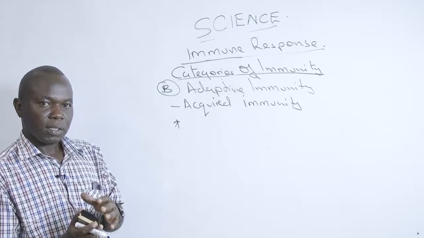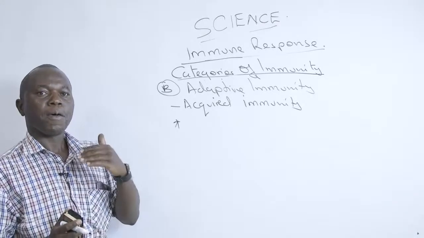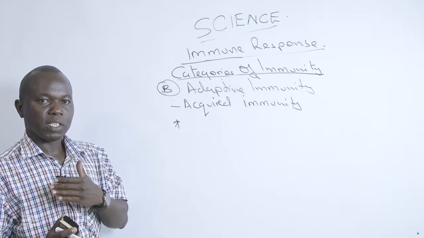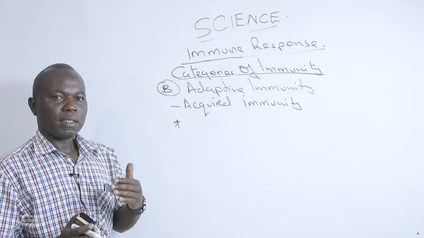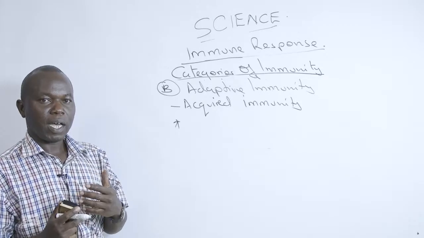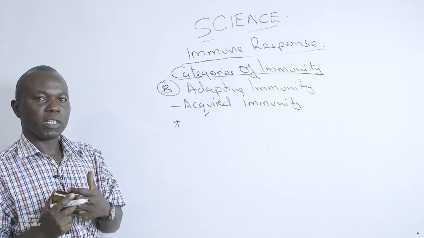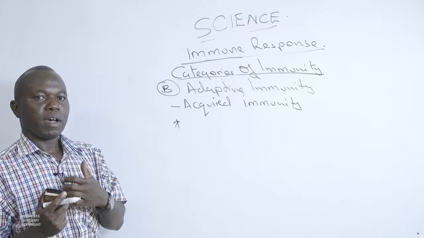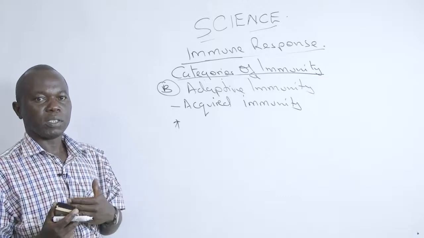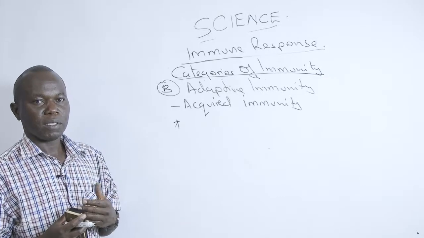Somebody is born without the disease or without the pathogen, but is exposed to the pathogen after birth, and the body or the macrophages are able to recognize the pathogen after invasion, and after that it is able to produce antibodies against that pathogen.